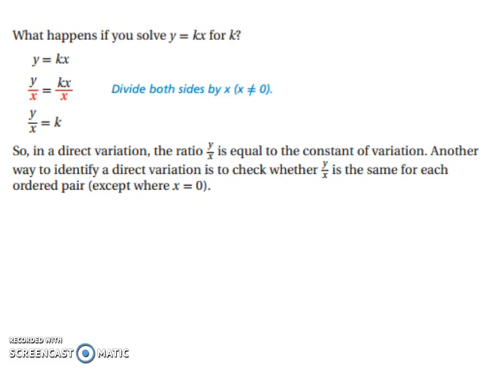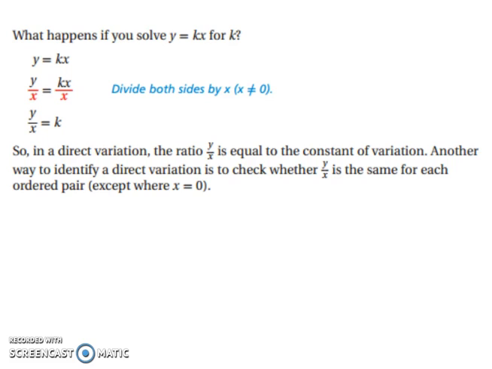What happens if you solve y equals k times x for k? So we want to get k by itself. Therefore, let's divide both sides by x, leaving us with k equals y divided by x. So, in a direct variation, the ratio y over x is equal to your k, or your constant of variation.